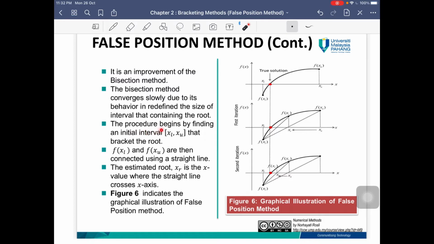The procedure begins by finding an initial interval, bounded by our lower limit and upper limit, that brackets the root. So we have an important point here: the false position method is also categorized under bracketing methods.